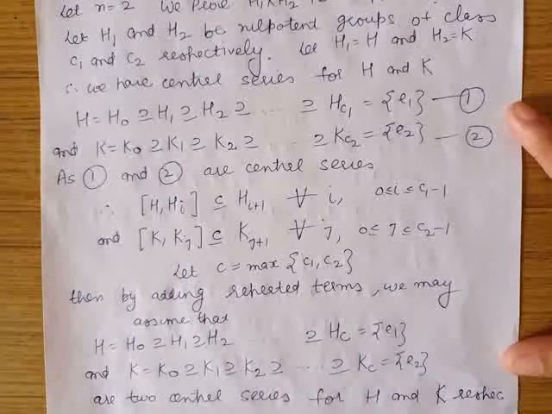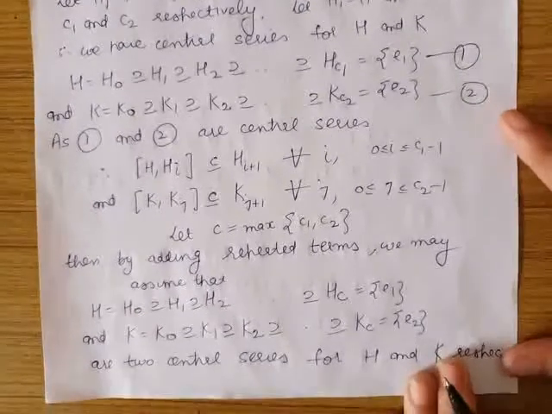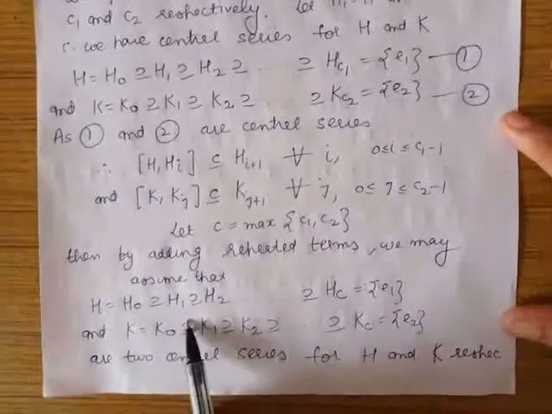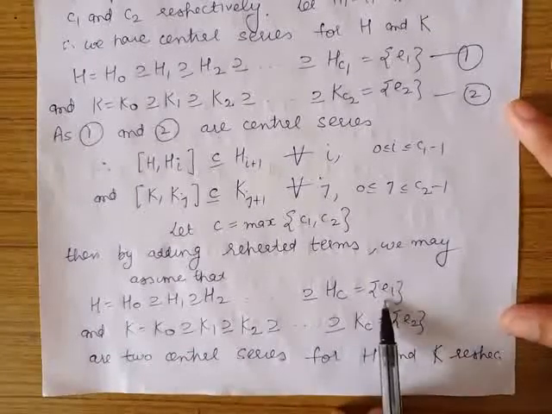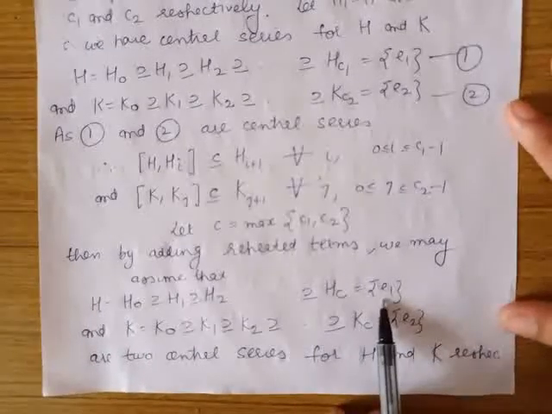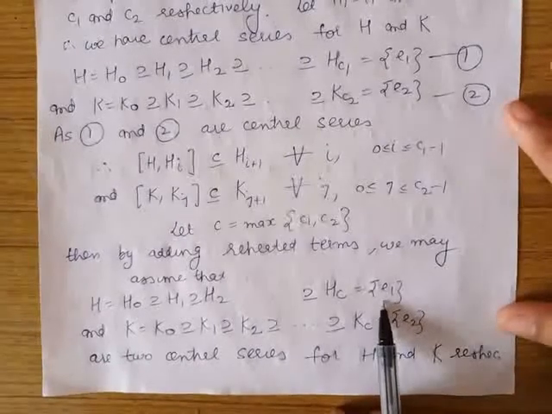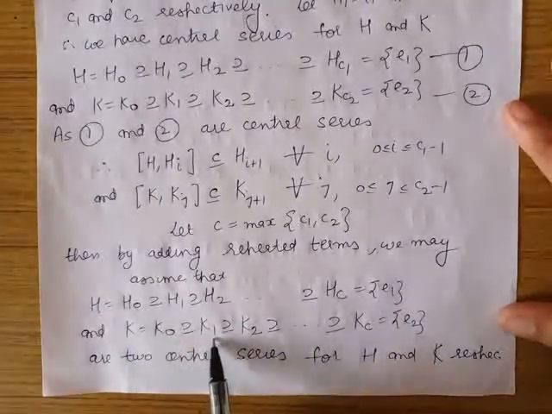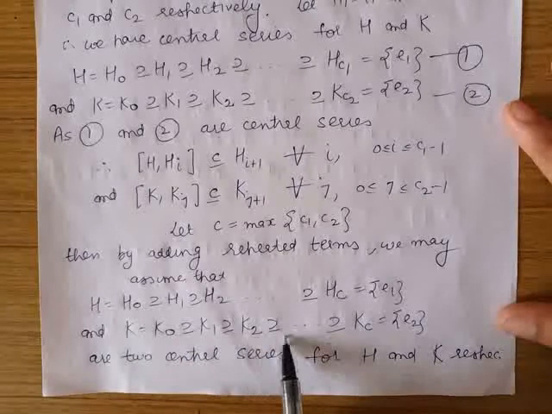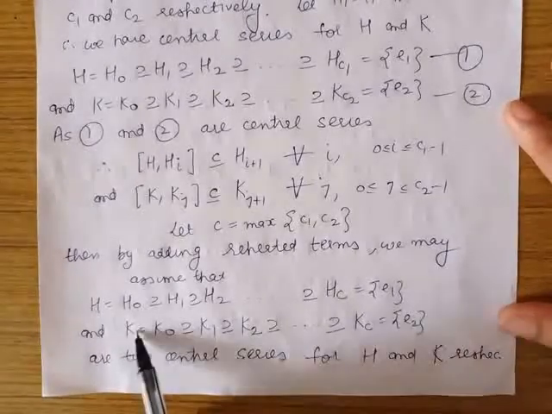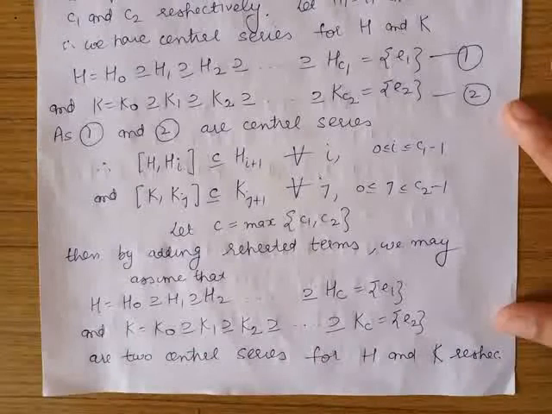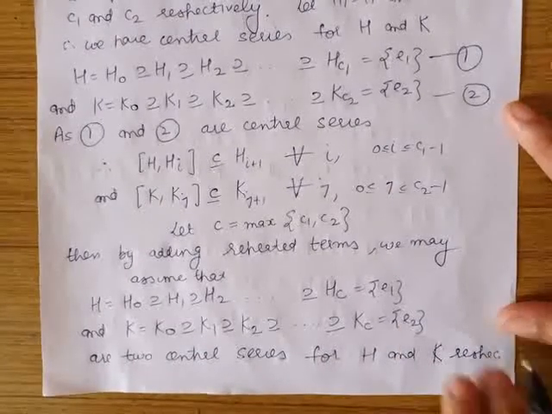Then by adding repeated terms, we can write the central series for H and K, which are given by H equals H0, contains H1, contains H2 and so on, contains HC equals the identity of the group H. And for K, we have K equals K0, contains K1, contains K2 and so on, contains KC equals E2, where E2 is the identity of K. These are the central series for H and K respectively.